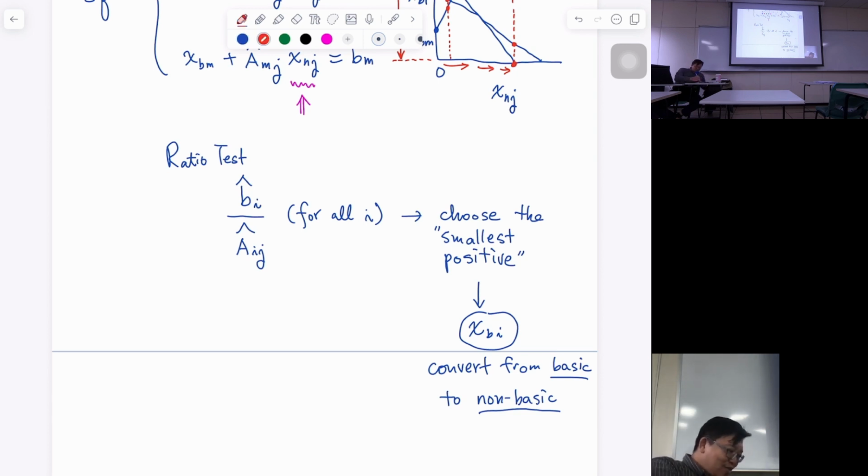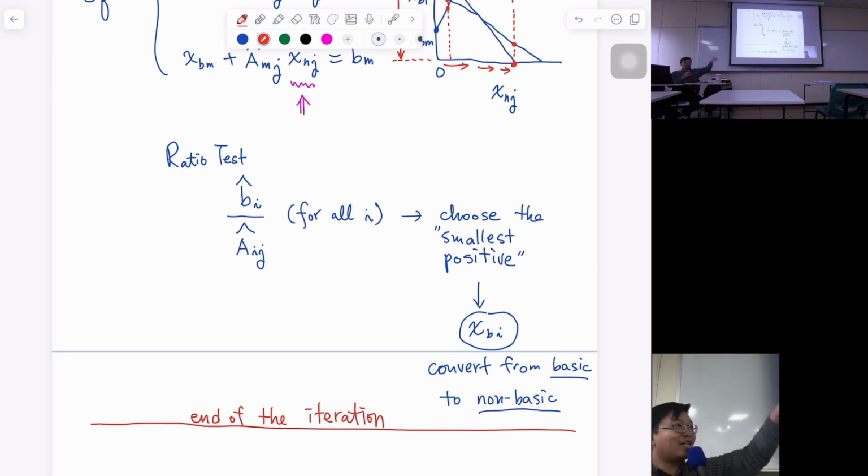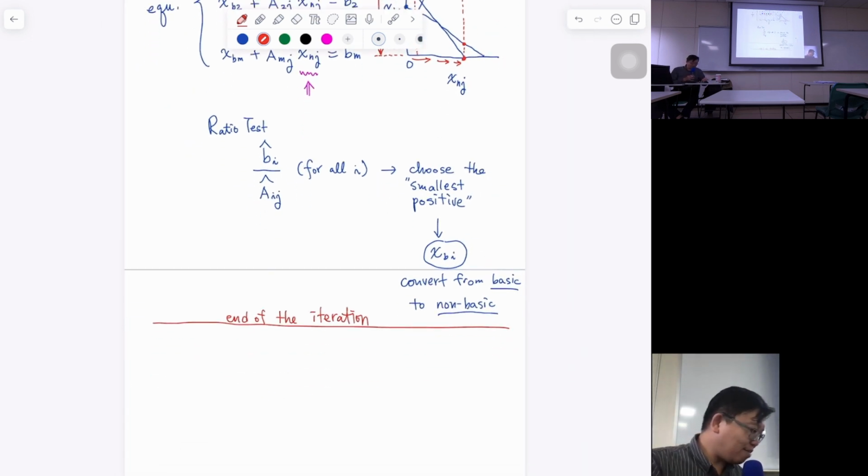Then we go back and do the exact same thing again and again. So you may feel weird: how can this help me find the optimal? Let's try one example.